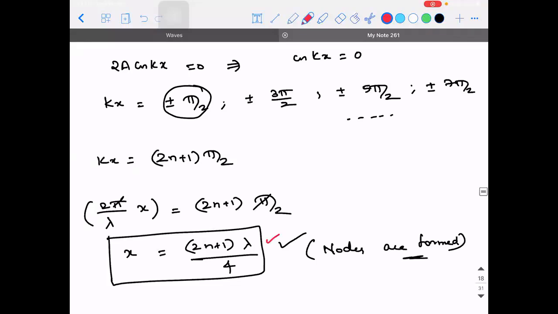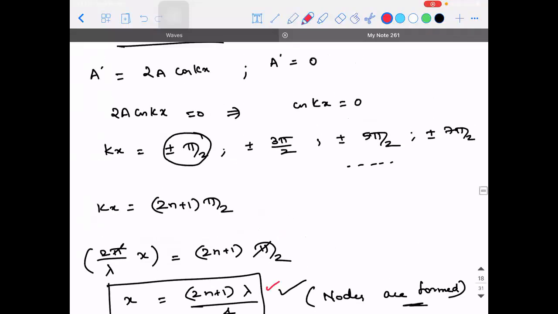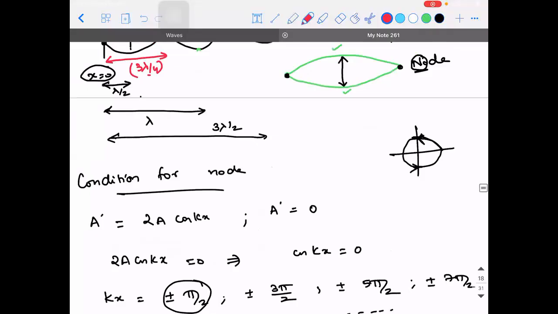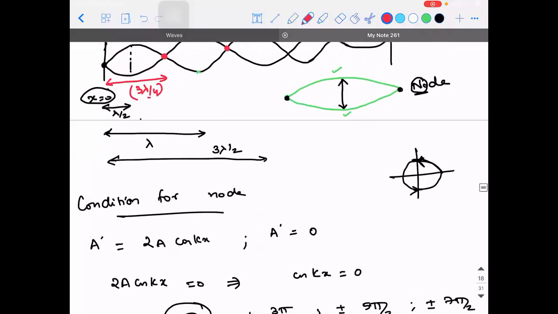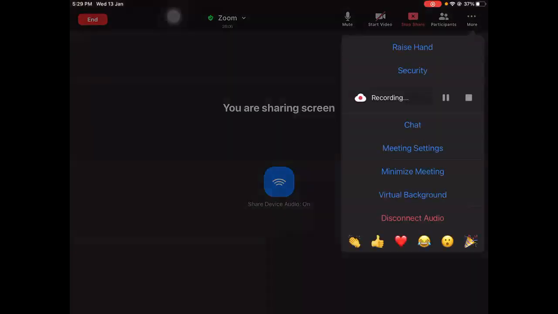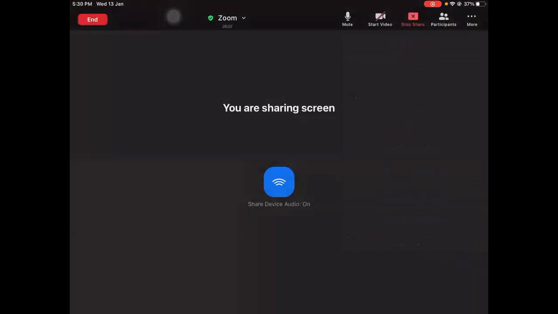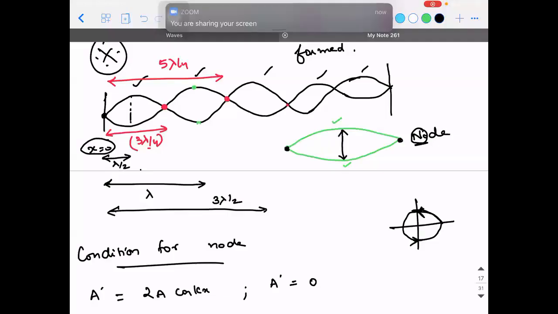Put n is equal to 2 in this. 5 lambda by 4. That's it. That is 5 times lambda by 4. Again, you will get this one at 7 lambda by 4.